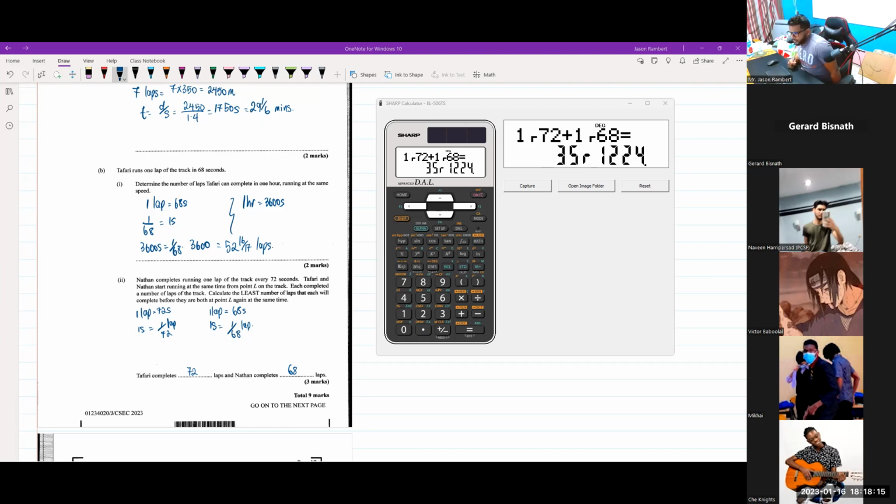So the LCM is 1224, right? So divided by 72. Why again 68 for 17? Because if this man completes 1 and 17 here.